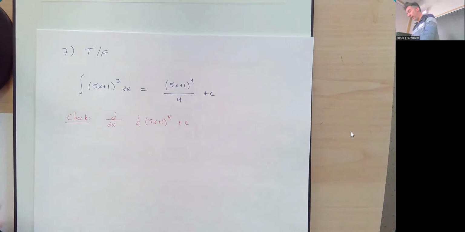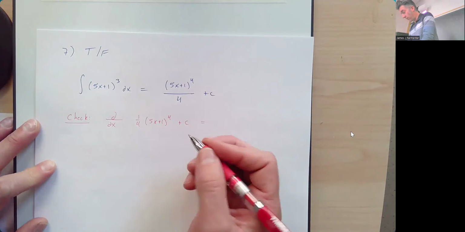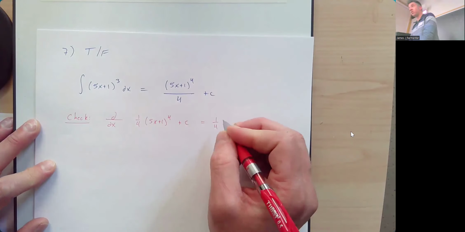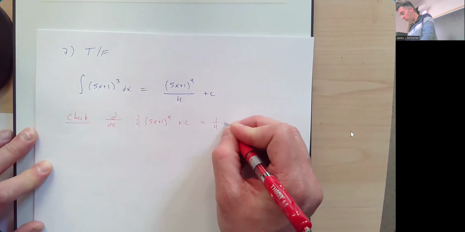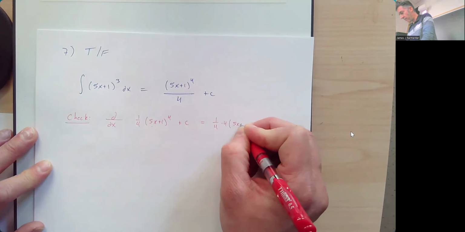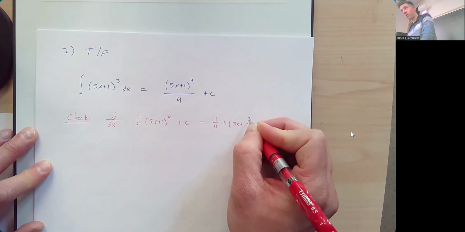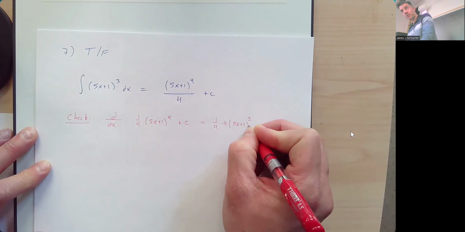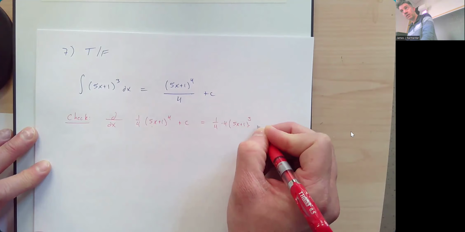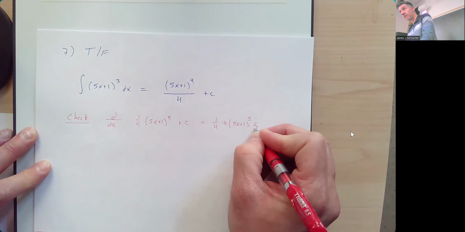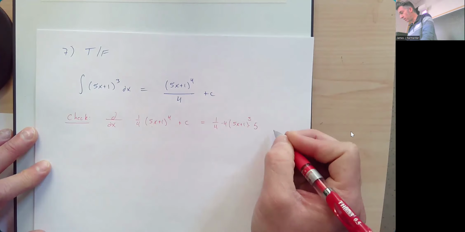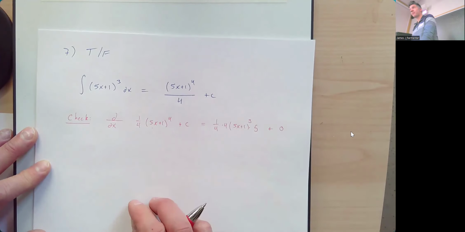If we take the derivative of that, the 1/4 hangs out. The derivative of some stuff to the 4th power is 4 times my stuff to the 3rd power times, anybody? The derivative of the stuff, plus the derivative of c, which is 0.